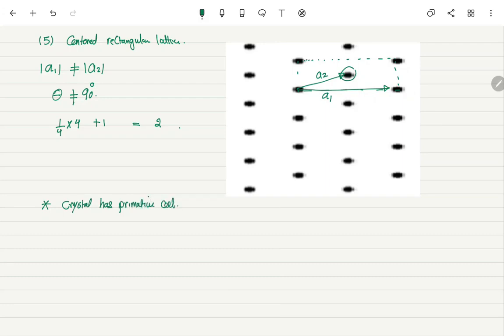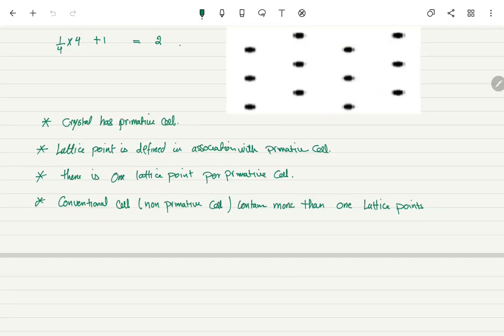A lattice point is defined in association with the primitive cell, and there is one lattice point per primitive cell, and a conventional cell, which means a non-primitive cell, contains more than one lattice point. Let's just write them down.